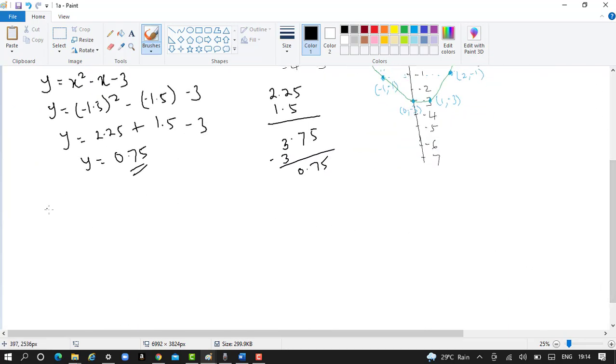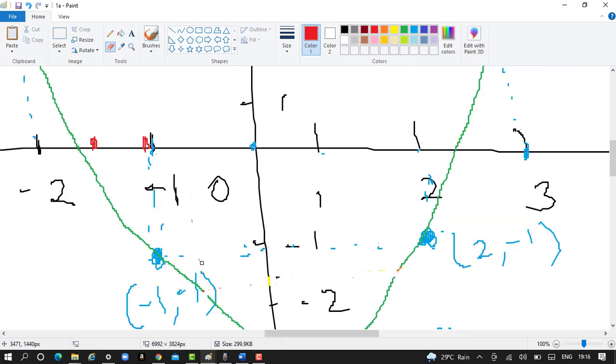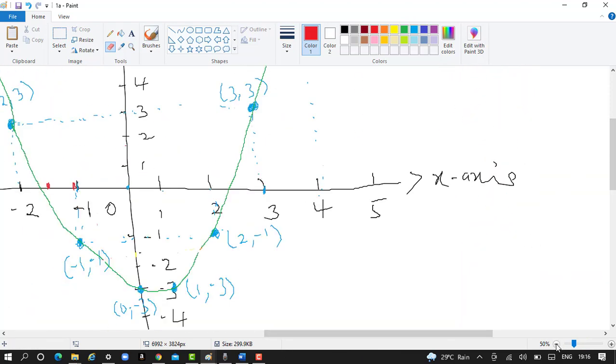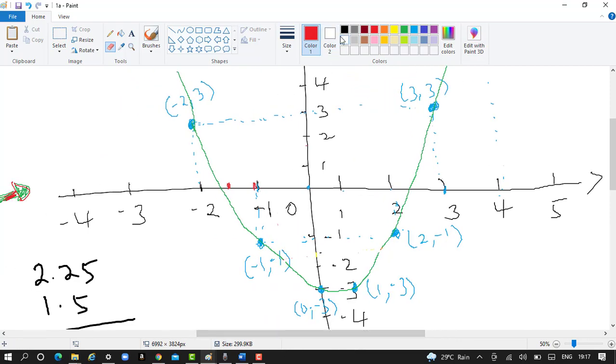Then let's look to find our x that we don't know when our y is 1.8. So when we go to the graph, we are looking for the other one, which is this question.